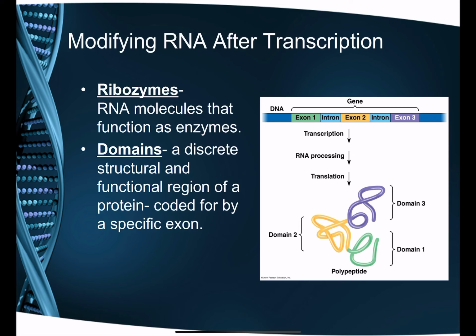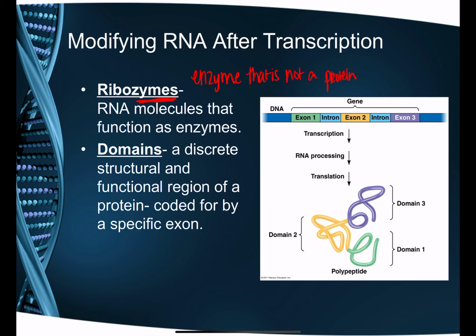So ribozymes are an enzyme, but they are an enzyme that is not a protein. All other enzymes are proteins, basically forever, okay? But ribozymes, hence the zymes, are enzymes, but they're not a protein.